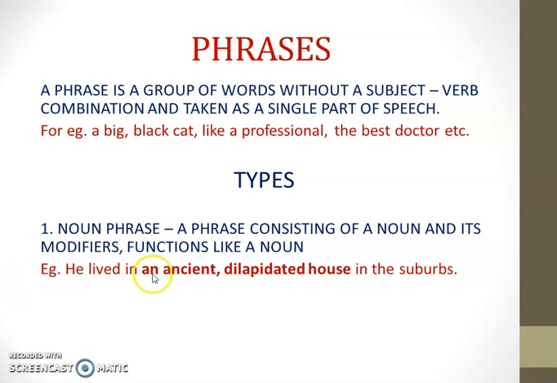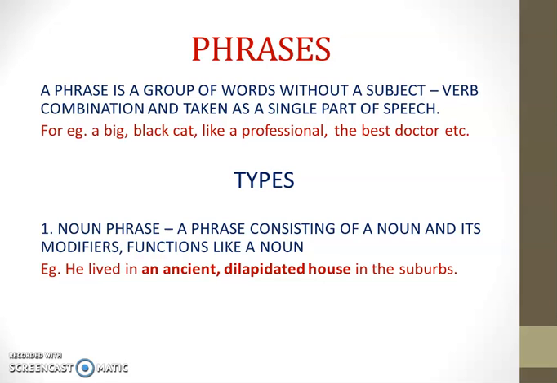Here, the noun phrase is given in bold letters. An ancient, dilapidated house. As you can see, it consists of a noun, house, plus the modifiers, two adjectives that modify the noun, house, that is ancient and dilapidated, and it also consists of an article, an.